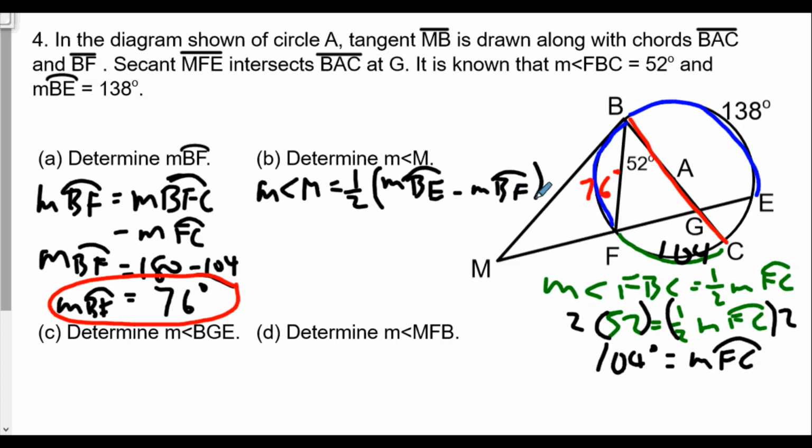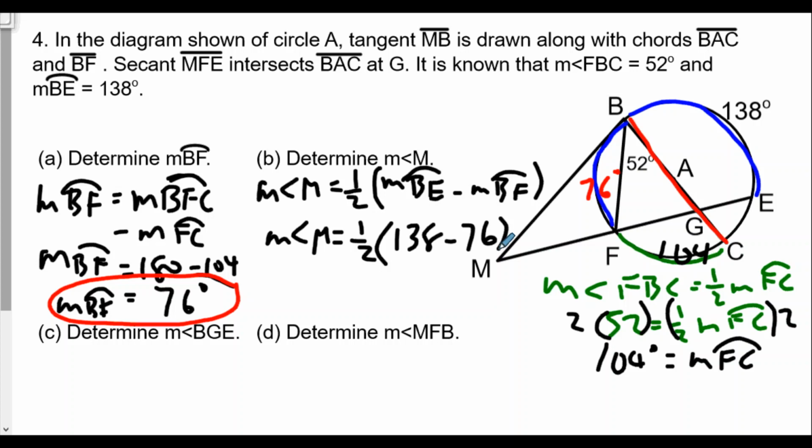Again, the reasoning is if you have an angle formed by a tangent and a secant meeting outside the circle, then the measure of the angle is equal to 1/2 the difference of the two arcs intercepted. And so here, the measure of angle M is 1/2 of 138 minus 76. So we subtract 138 minus 76, and we should get a value of 62 degrees.